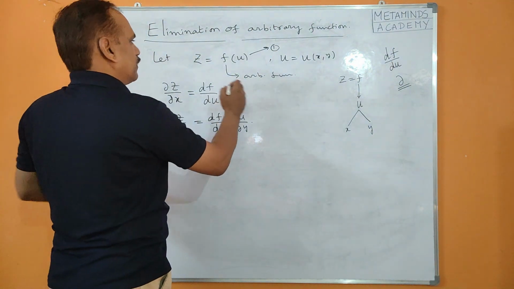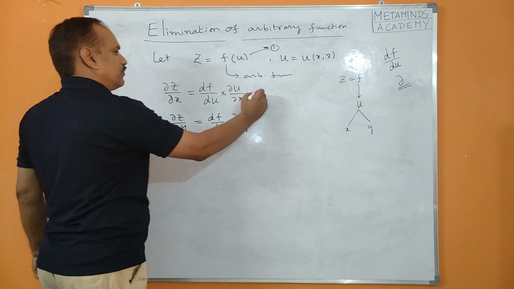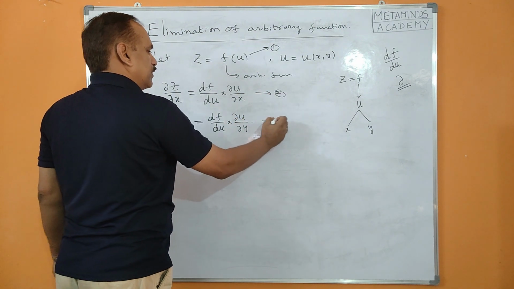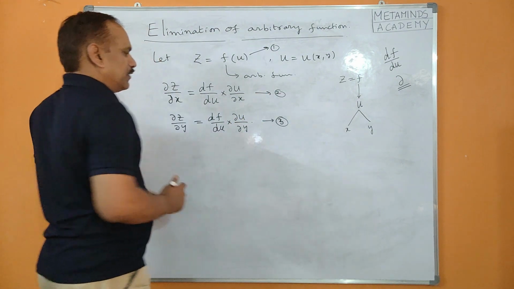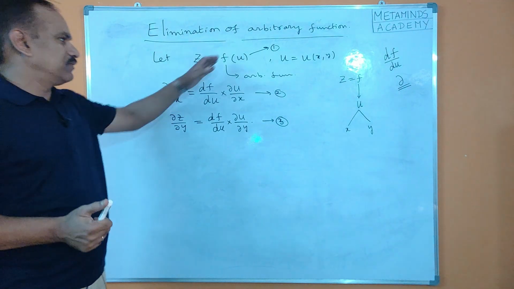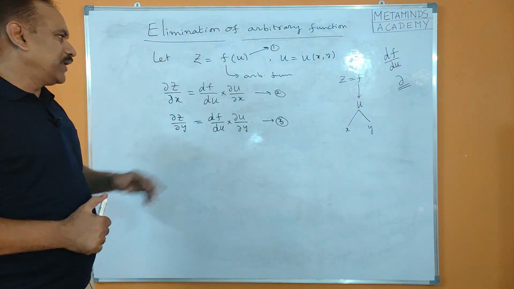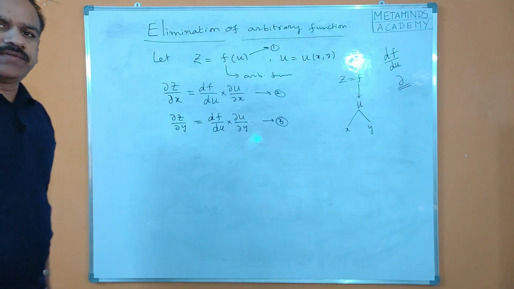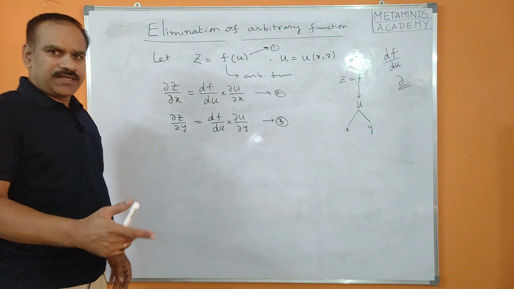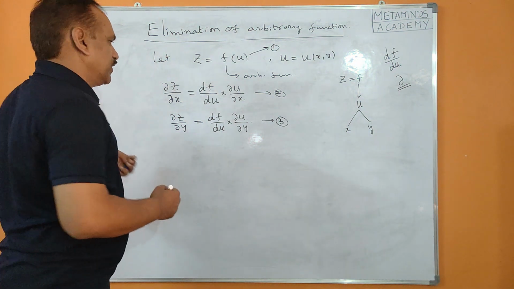Now how to eliminate the function f from 1 to 3? Now you got two more equations. From these three equations, 1, 2, 3, if you eliminate f, you will get a partial differential equation.